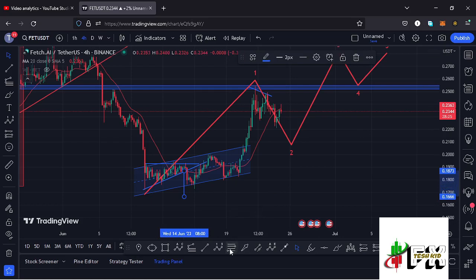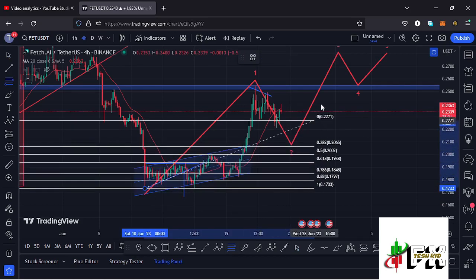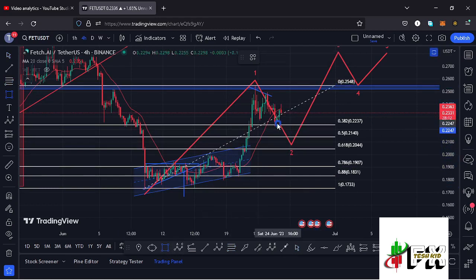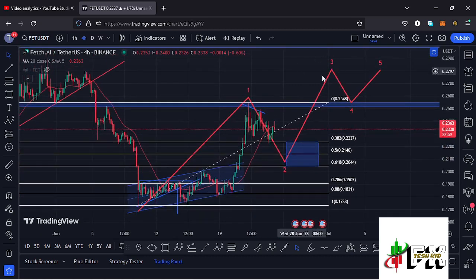and giving you minimum target areas for this second wave to the lower side by connecting the fibs from the low of the first wave to the high of that wave 1, I get a minimum target area for the second wave between the fib level 0.382 and the fib level 0.618, and it is within this blue target area that I can expect to see a reaction to the upper side in the start of an impulsive wave to the upside in the formation of this wave 3.